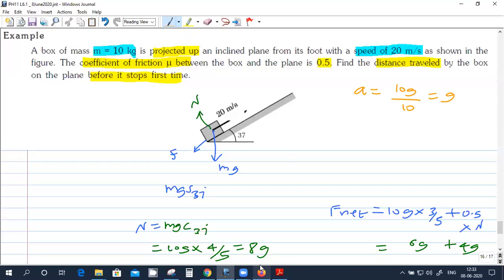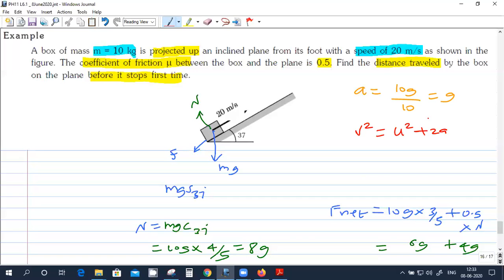We use the equation of motion. Which equation? s equal to vt plus half at square? You don't know the time, no? So v square is equal to u square plus 2as. Whenever v is 0, usually this is a convenient thing.